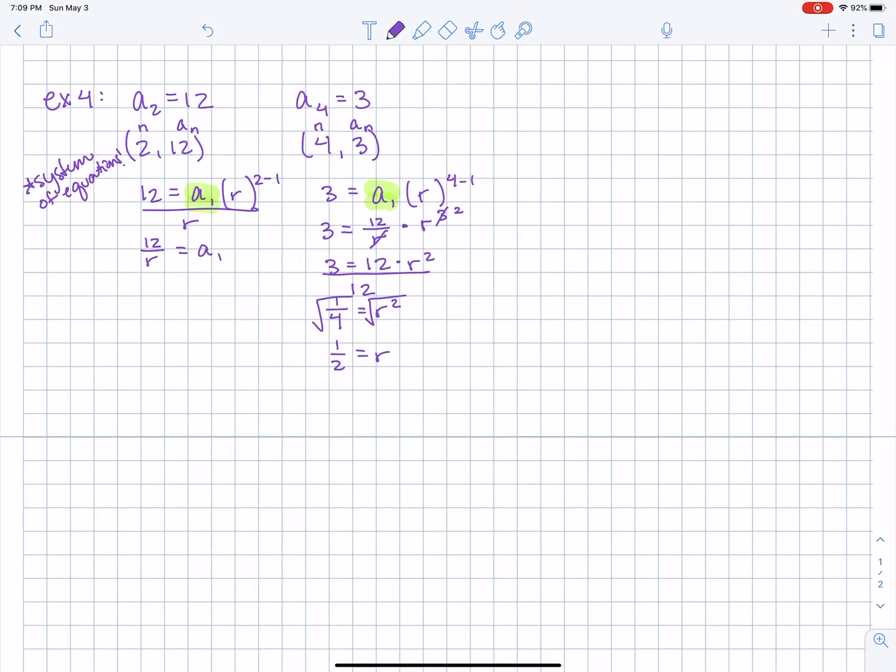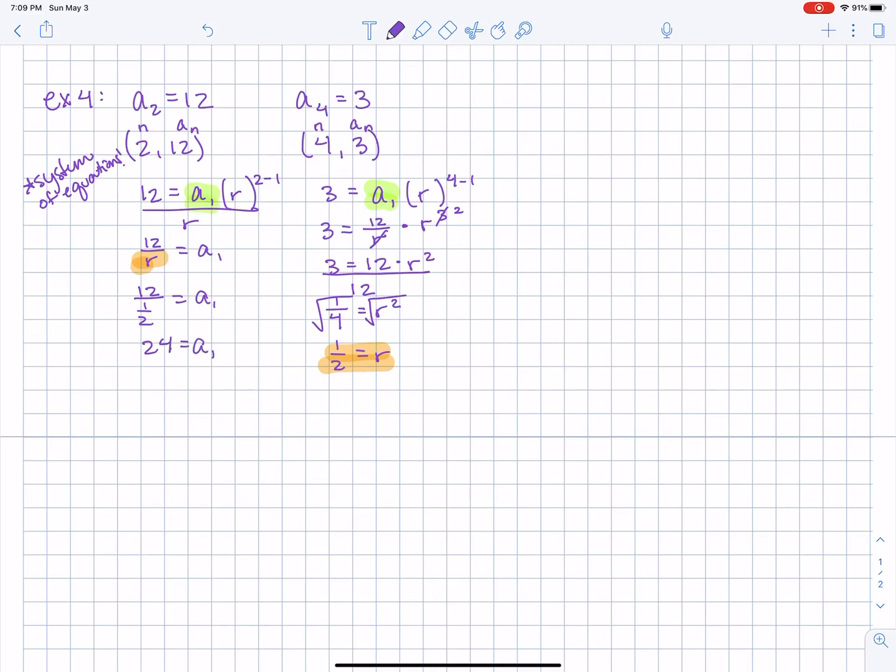So I have one piece of the puzzle. Now I need to go over here and replace it with my other one. So I can take 12 over 1/2 is equal to a sub 1. But 12 divided by 1/2, also known as 12 times 2, is 24.